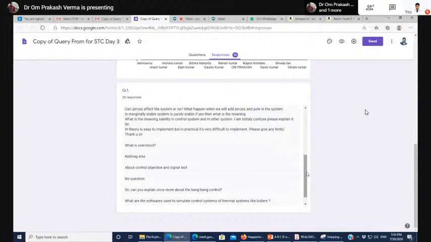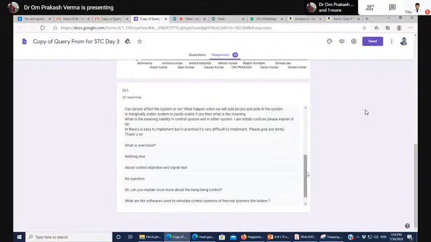Then, nothing else about control objective and signal test. Control objective is only for maintaining whatever the physical parameters of the process are. Suppose you are going to control the temperature or flow or the level, then your objective is to make the system such that the desired value or the set point can be tracked or maintained.